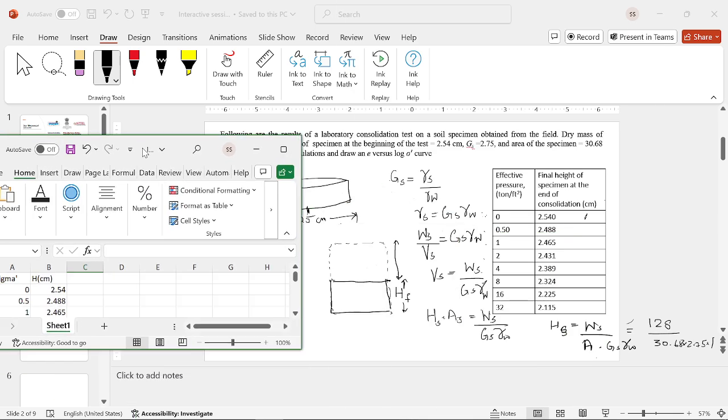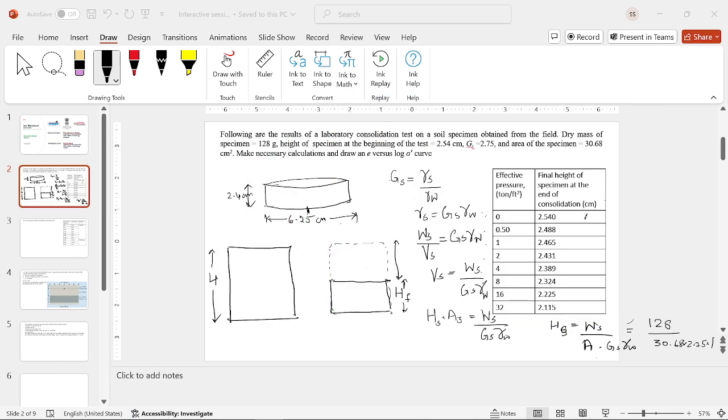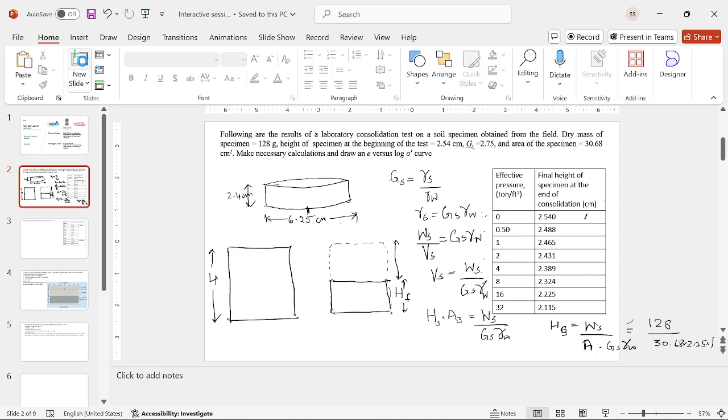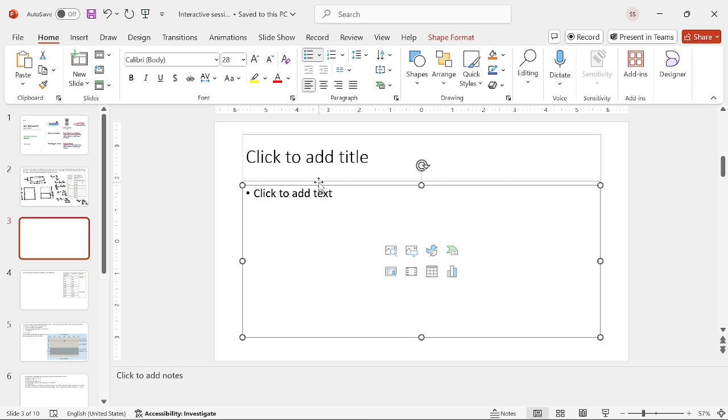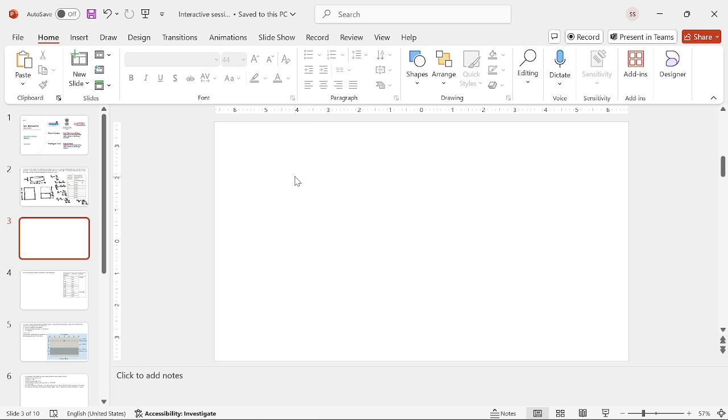So from this we calculate the initial height of solids and final height of solids.